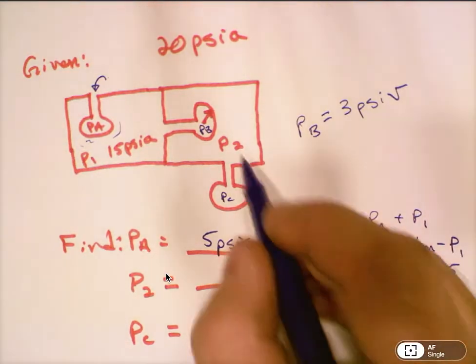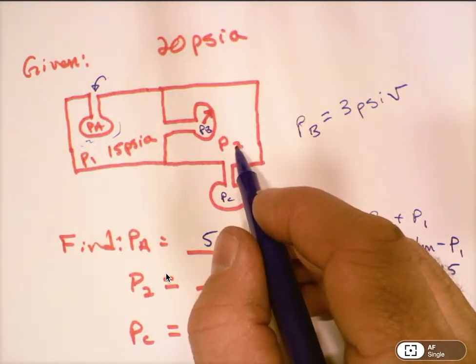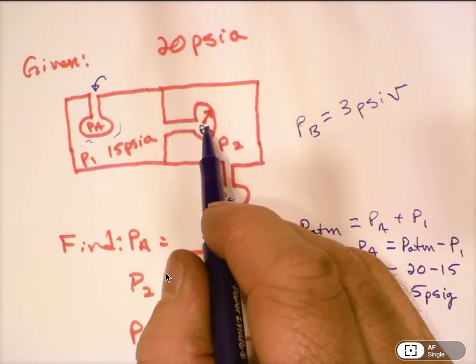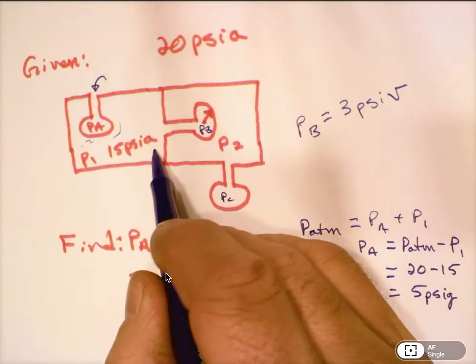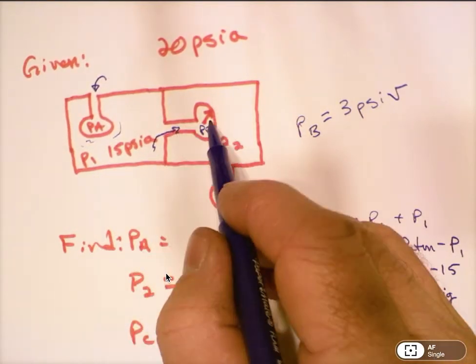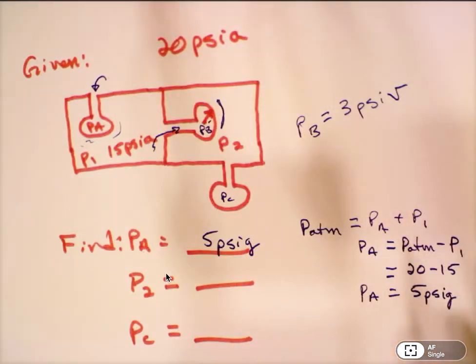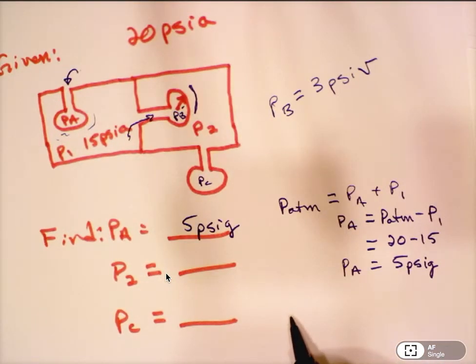Now we go over here to system 2. And we have enough information for gauge B. We know what the system is. We know what the gauge reads. And we want to find the surroundings. So for gauge B, the system is the stuff that flows in. That's P1.